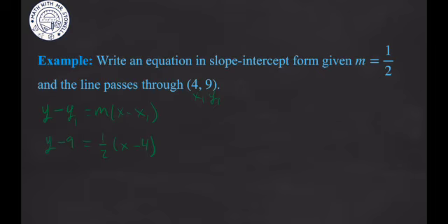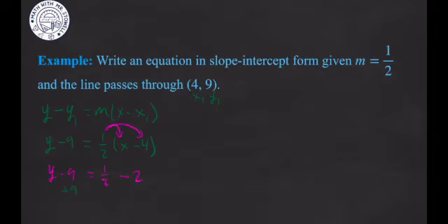That's point-slope form. So if I asked you to write it in point-slope form, that would be the answer. But because we want slope-intercept form, we're going to go ahead and solve for the value of y. Remember, we need it in y equals mx plus b. So let's go ahead and do some simplifying. y minus 9 equals 1 over 2 x minus half of 4, which is 2.